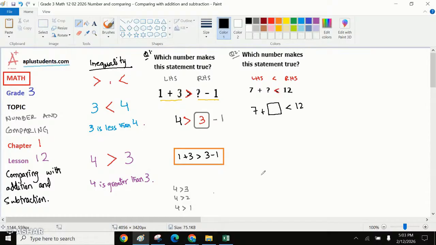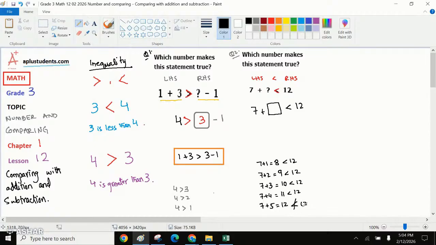Can I say the number could be 7 plus 1 is equal to 8, which is less than 12? 7 plus 2 is equal to 9, which is still less than 12. Can we say 7 plus 3 is equal to 10, which is less than 12? 7 plus 4 is equal to 11, which is still less than 12. But when we add 7 plus 5, we get 12, which is not less than 12, right?